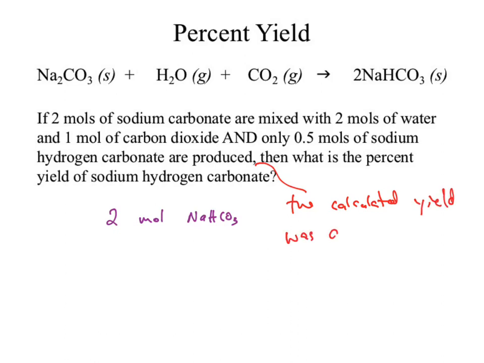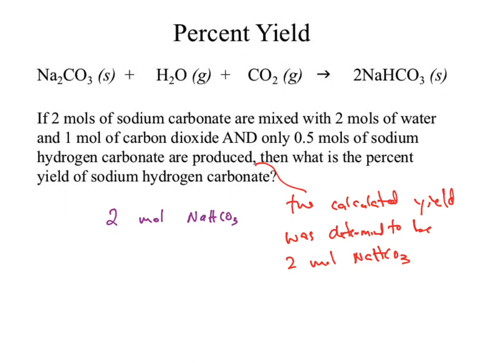So then would it be 2 moles of sodium hydrogen carbonate over the 0.5? So we can incorporate that question in. The calculated yield was determined to be 2 moles of sodium hydrogen carbonate.